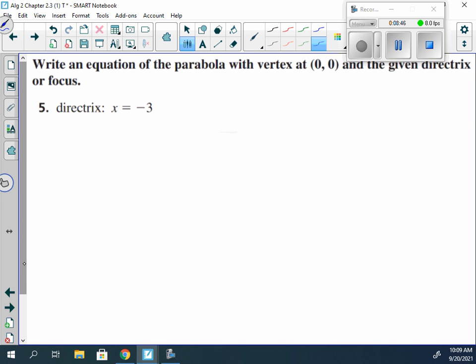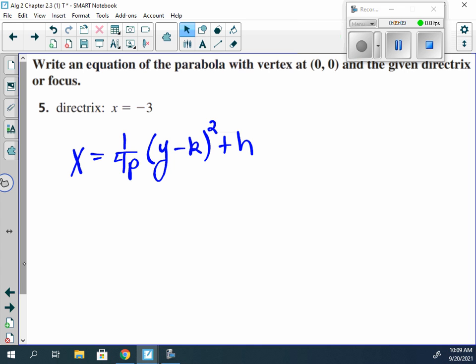Directrix is x equals negative 3. What is the general equation we're using? 1 over 4p parentheses y minus k squared plus h.